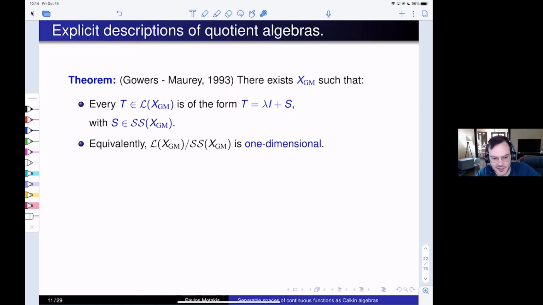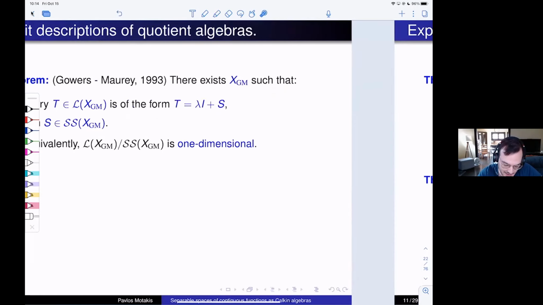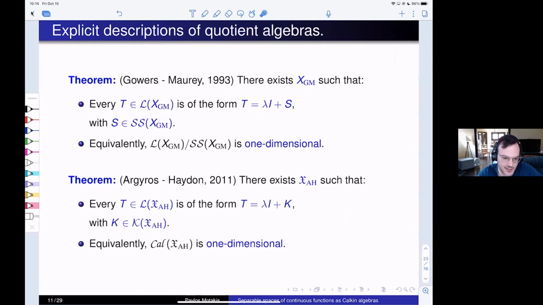not the next step, but the thing that I want to present next is the Argyros-Haydon space. So Argyros and Haydon did something even more strict, an even tighter control of operators on the space. They defined the Argyros-Haydon space. It was published in 2011, in which they solved the scalar-plus-compact problem.